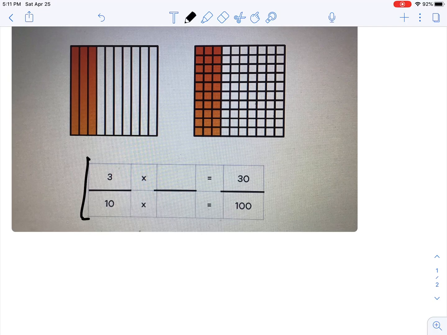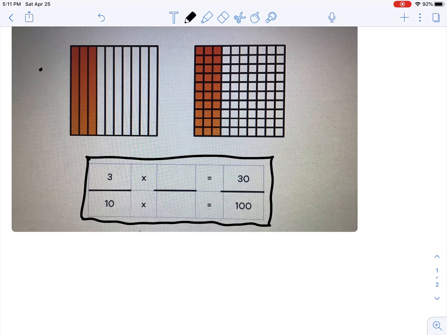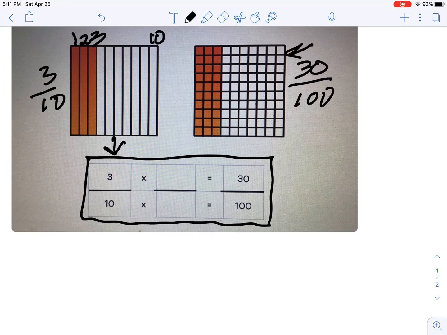So they want you in this problem to go ahead and fill in the equation here because they want to show you how 3/10, you can see this is 3/10, right? 1, 2, 3 are filled in out of a total of 10, right? So 3/10, how that's the same as 30/100, which is this one right here.